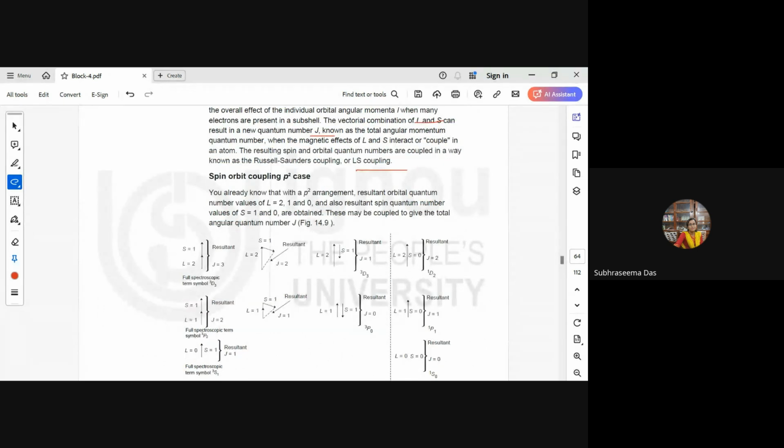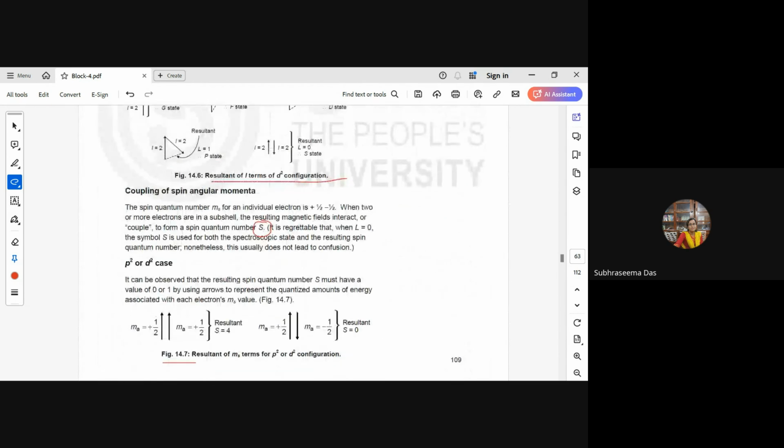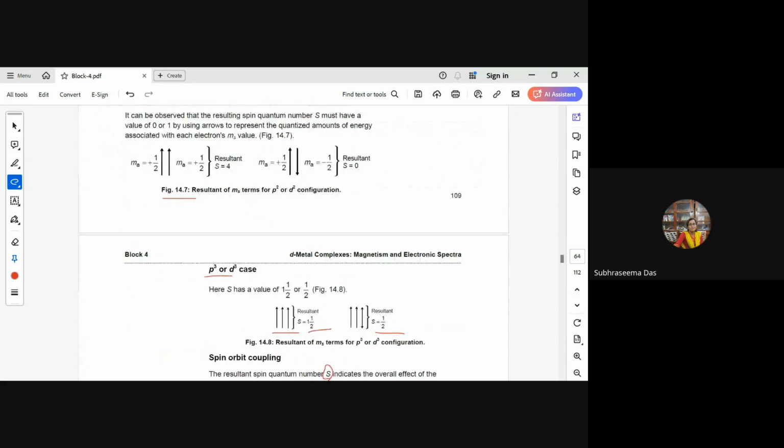Now let us look at the case of a p2 arrangement. For a p2 arrangement, capital L is equal to 2, 1 and 0, and the resultant spin quantum numbers S equal to 1 and 0 are obtained. Here we have seen S equal to 0 and S equal to 1.